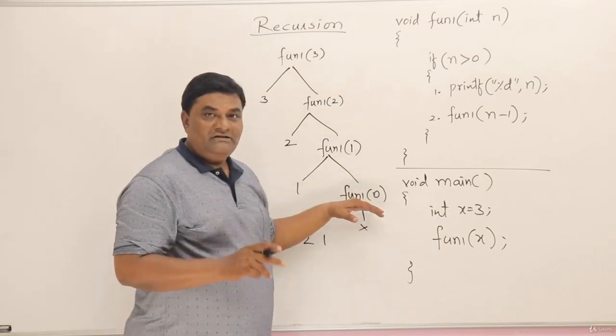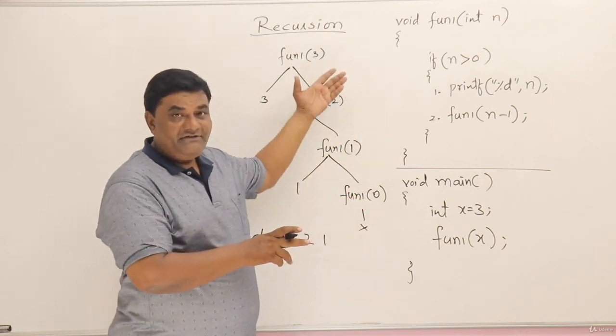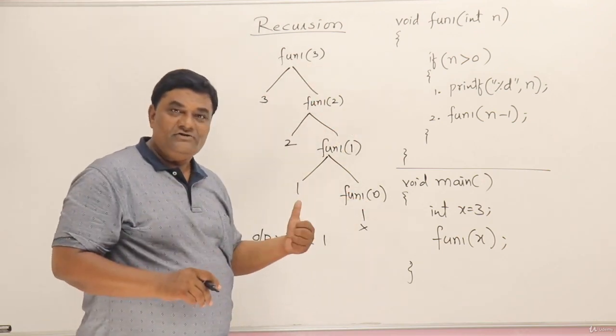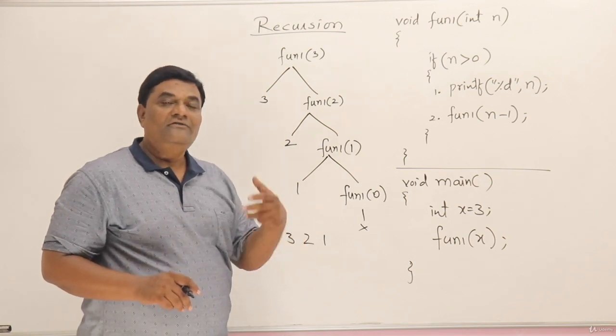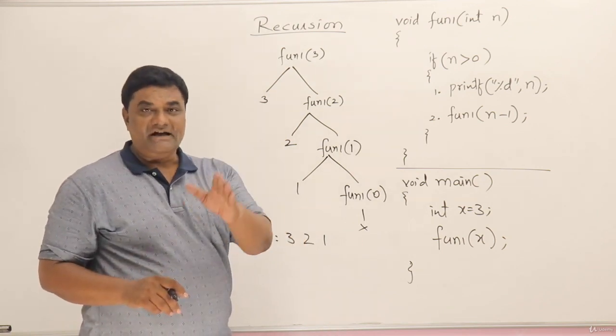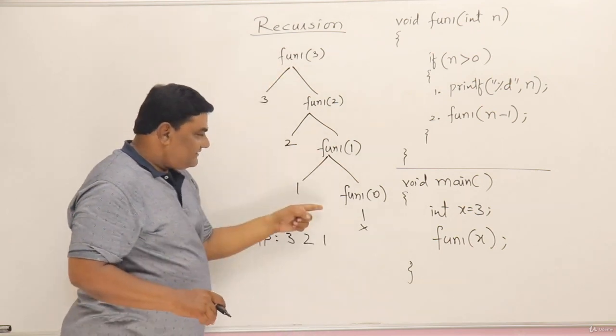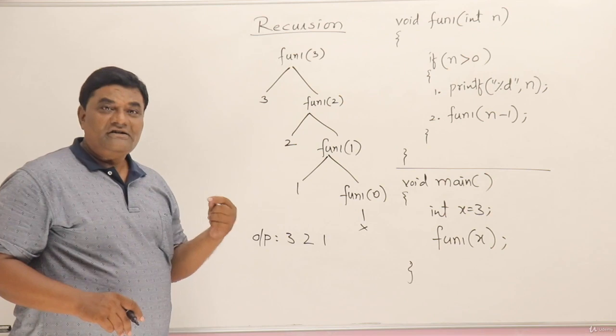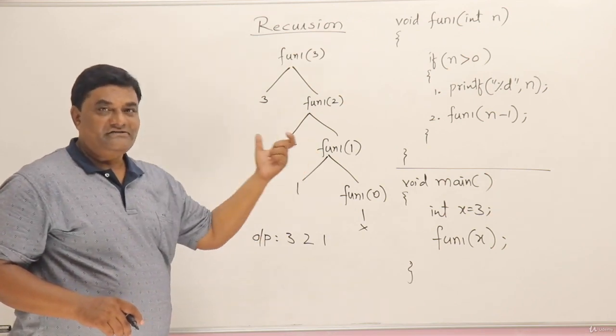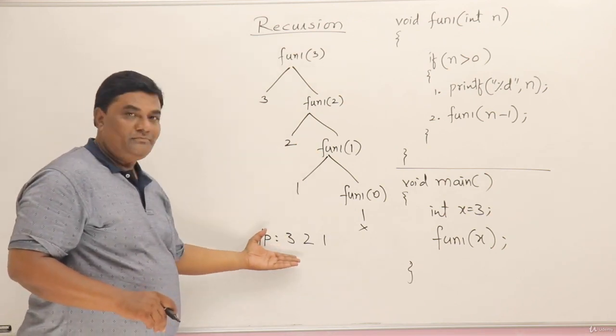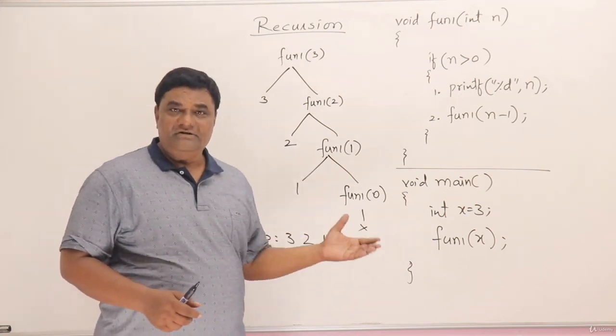So from this call it goes back to the previous call and then the previous call, just the way I have shown you how a function terminates and goes back to the place from where it was called. So this is a tree, and this is called the tracing tree of a recursive function, and this is the output.